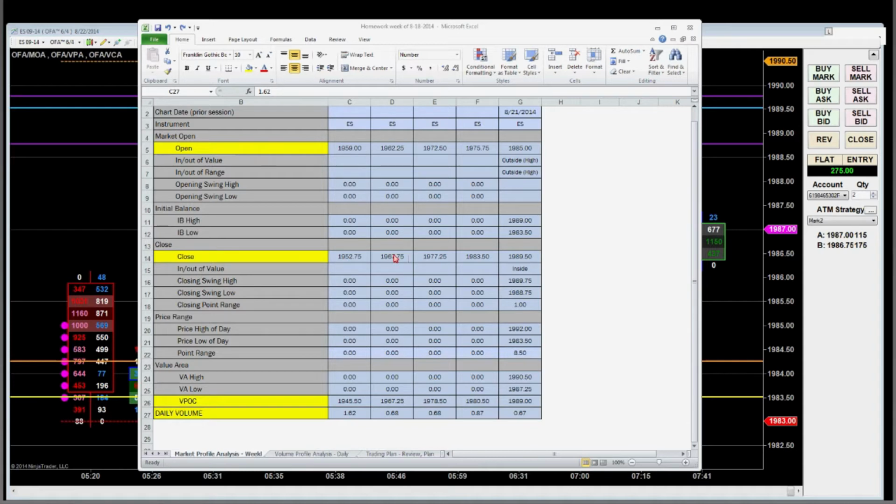Its propensity to grind higher on lower volume is evident. So I can't control the news, I can't control what's happening in Palestine, I can't control anything. But what it does for me is it gives me an undertone of higher risk.